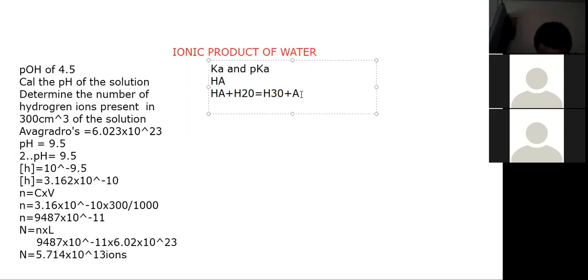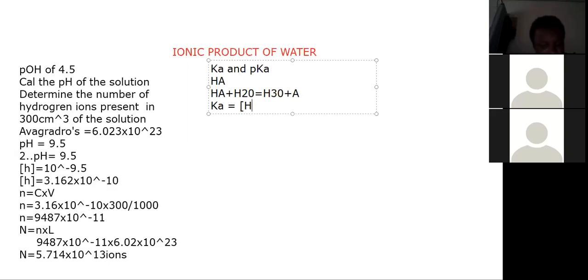Now, if you have to find the dissociation constant of this, then it's going to follow the same principle. Ka is equal to, using the equilibrium constant, the product of the concentrations of the products of the chemical reaction.